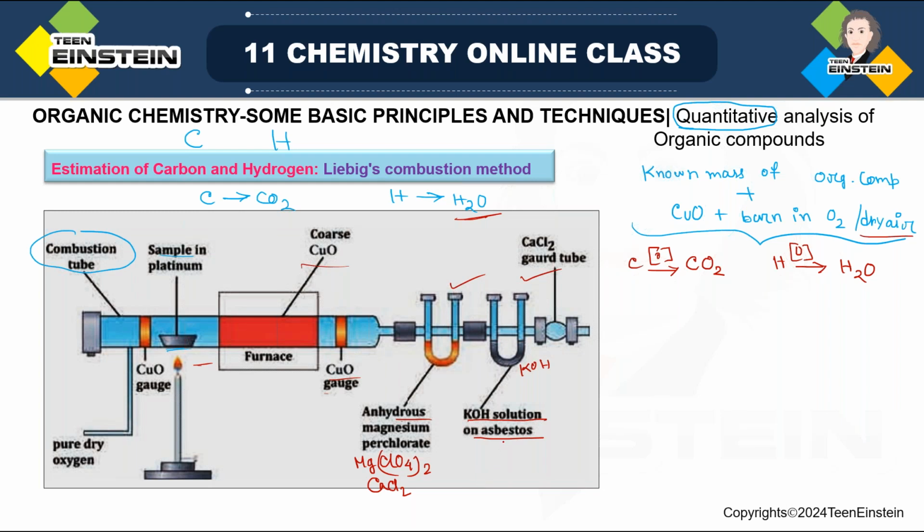Now, what is the purpose of using these two compounds in separate tubes? The reason is that in the U tube where KOH is present, CO2 will be absorbed, and where CaCl2 or magnesium perchlorate is present, H2O will be absorbed. Now these two tubes, before the experiment, you already know their mass, and after the experiment, that is after the combustion, you will take the weight again.